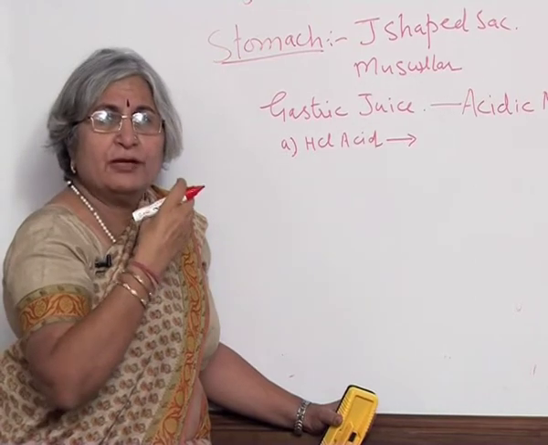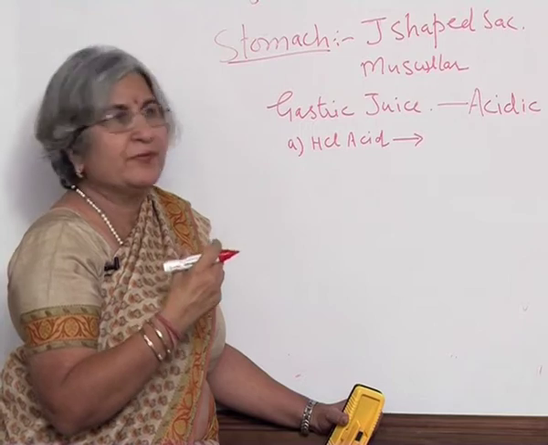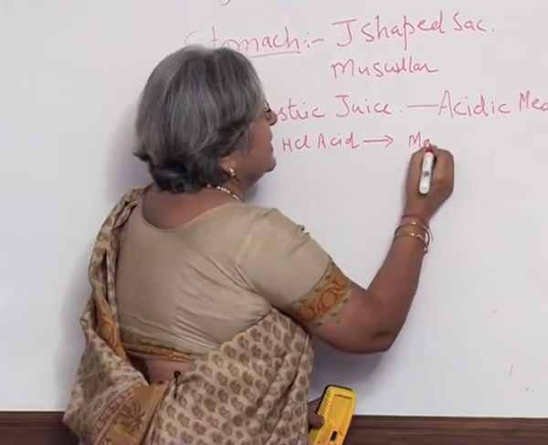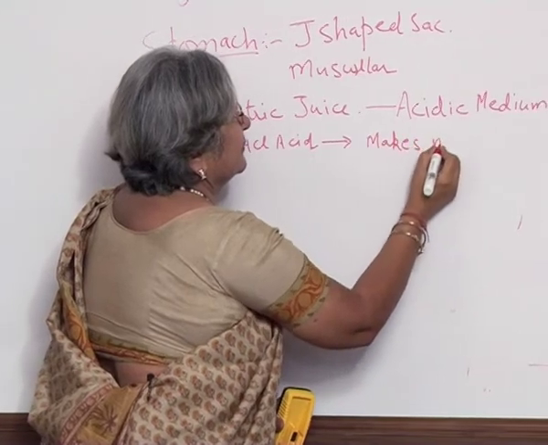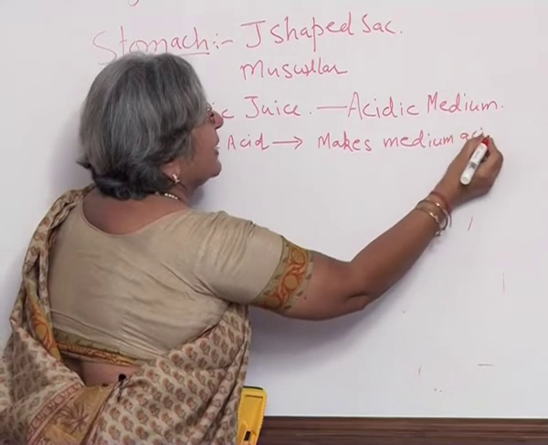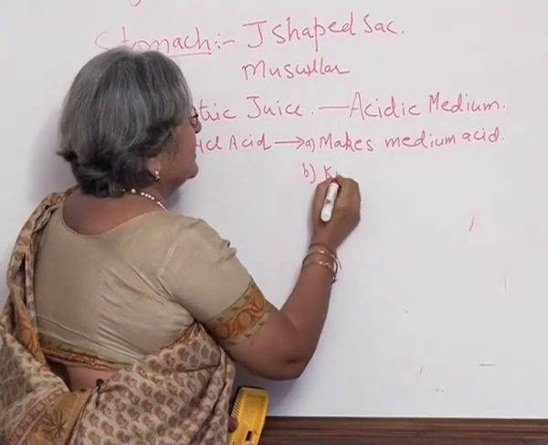So, the food that reaches from the mouth has a basic medium, and this hydrochloric acid makes the medium acidic so that gastric juice can act on the food. Secondly, it kills germs.